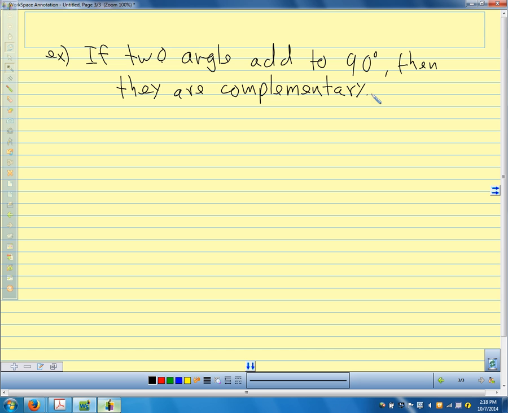All right, is this true? Yes. If two angles add to 90 degrees, that's what we said complementary meant. So this is true. The truth value of this is true. Let's form the converse.